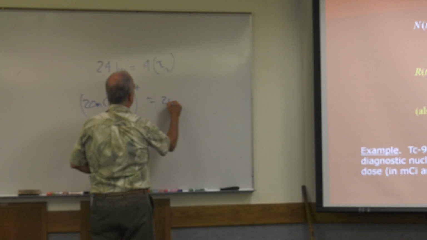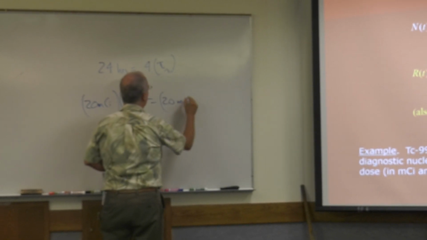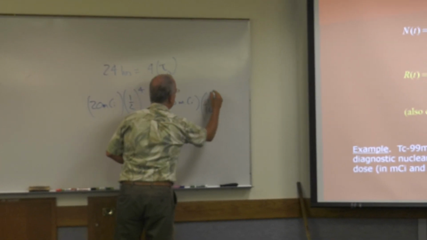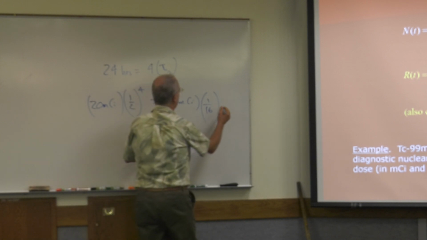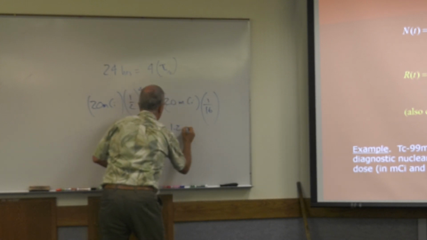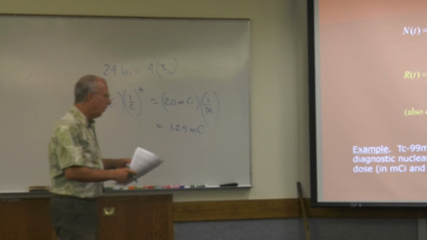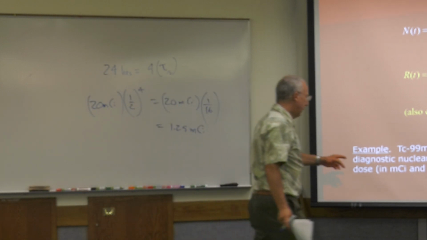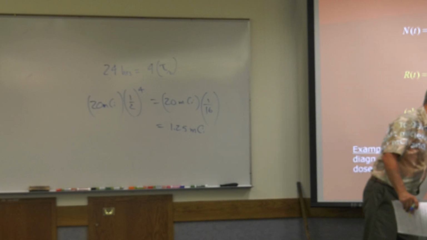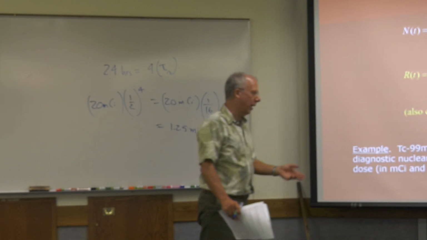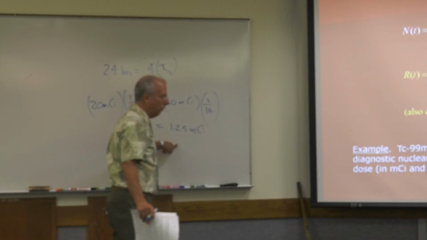So it's 20 millicuries times 1 over 16. And that is 1.25 millicuries. So think about it, you start off with 20 millicuries, but a day later it's only 1.25.